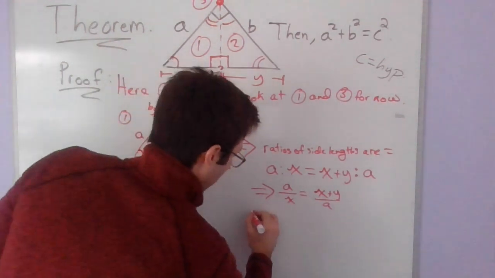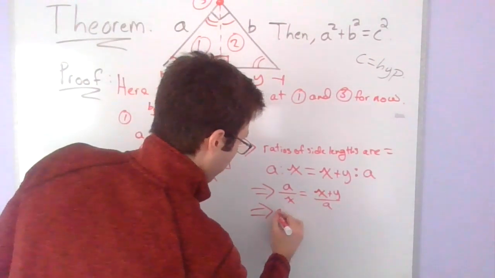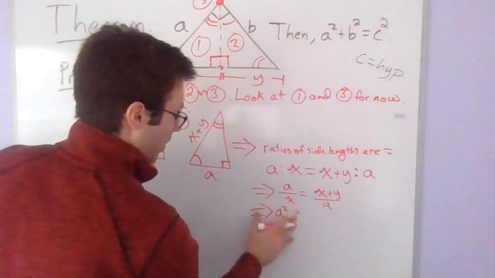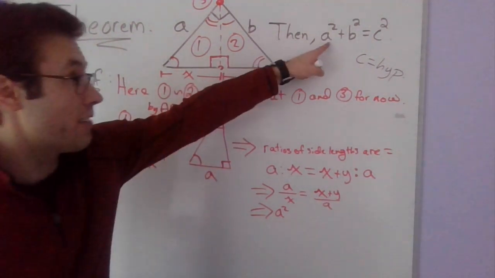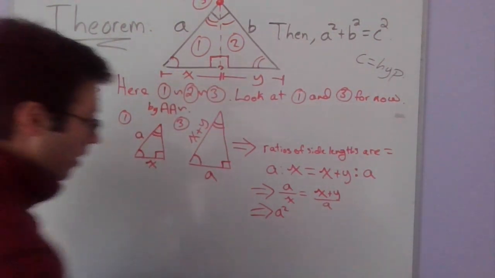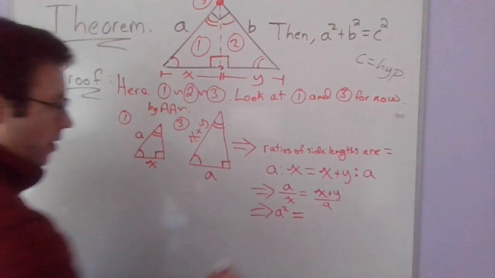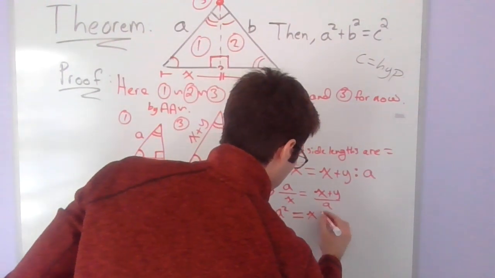And if we were going to cross multiply here, a times a is a squared, and you can see where I'm getting the a squared from. There it is, a squared. So a squared is equal to, cross multiplying, x times x plus y.